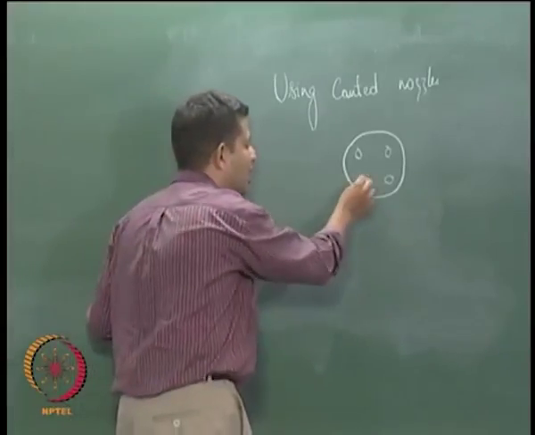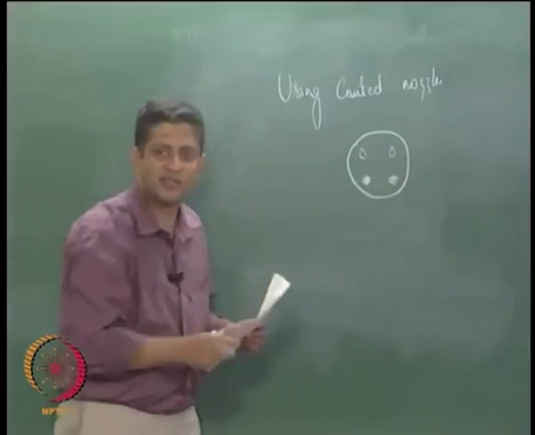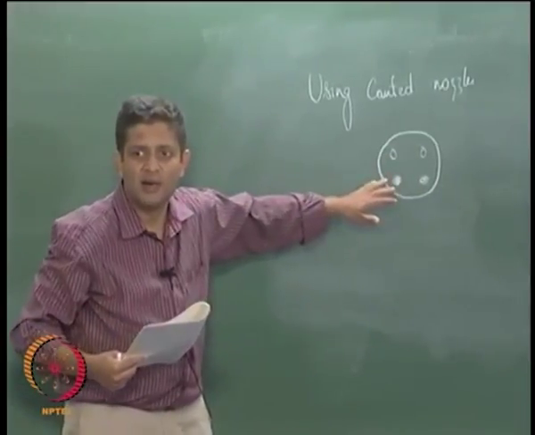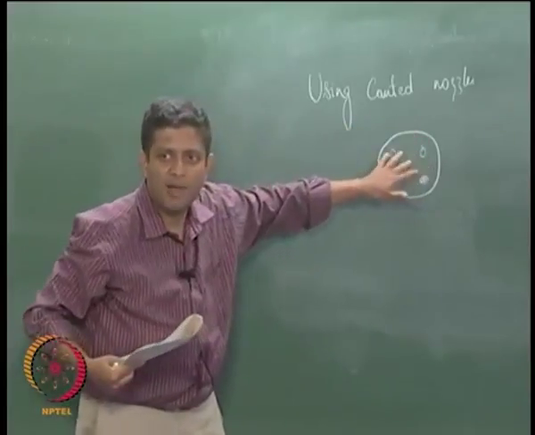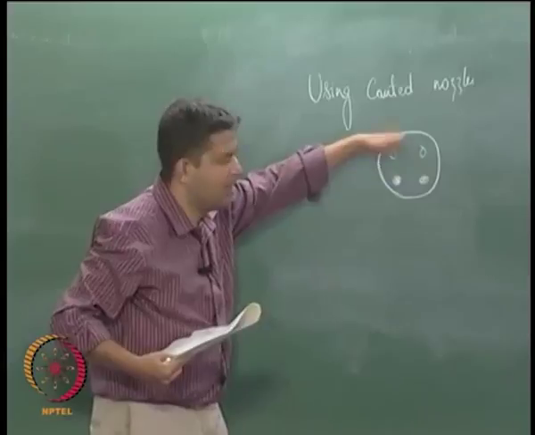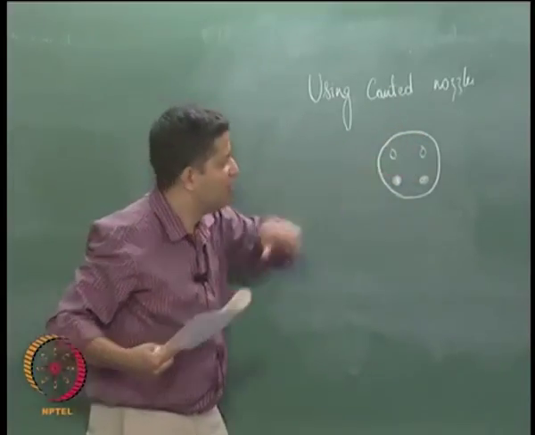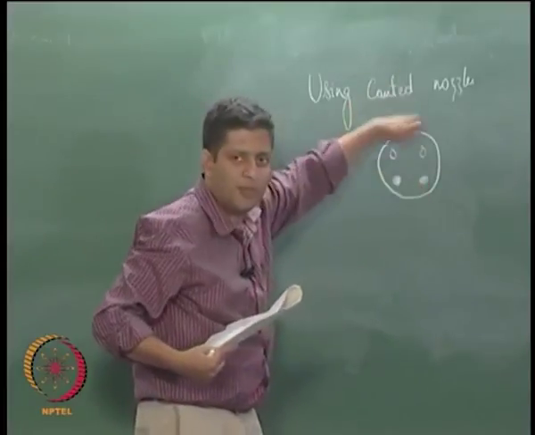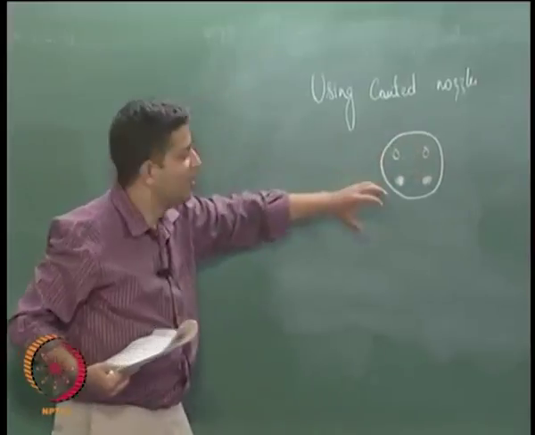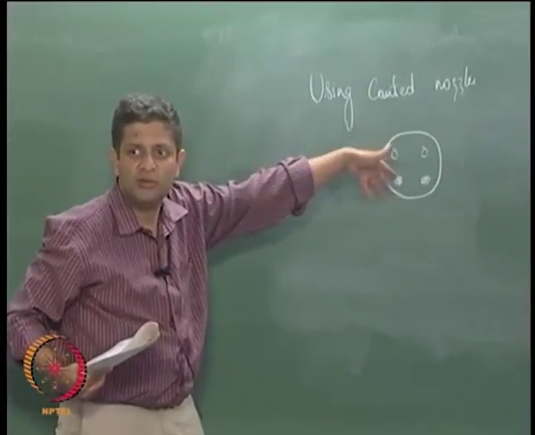So you could increase the thrust of this and reduce the thrust in this, which will cause, if you are looking into the board, the vehicle to pitch down. Okay.